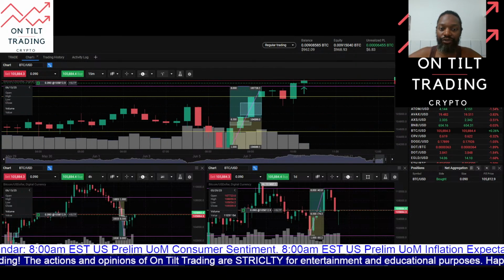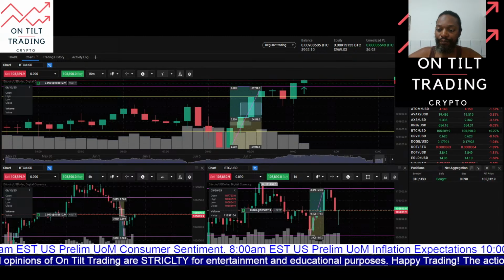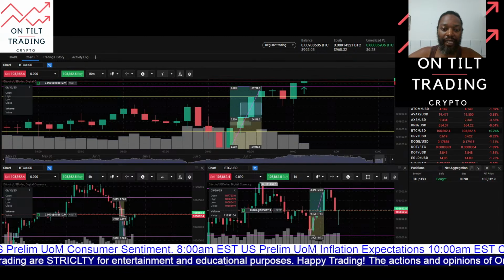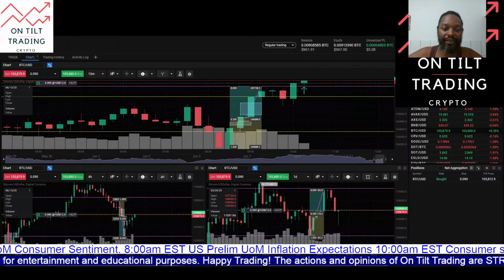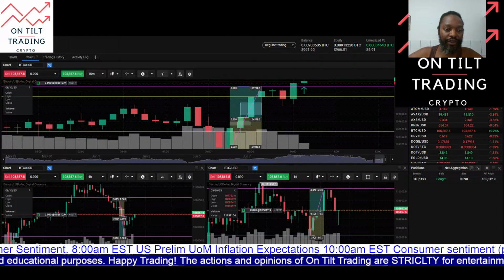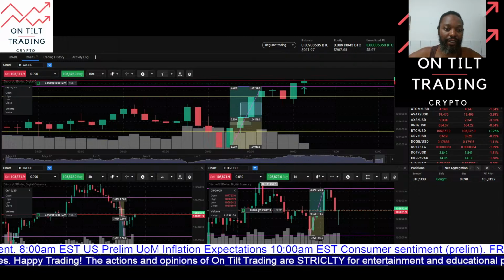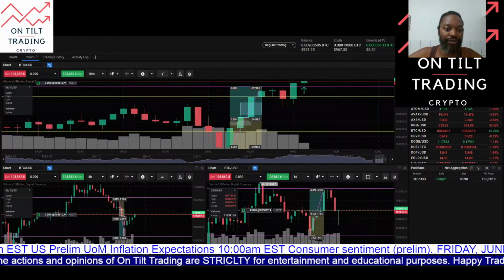So on the entry here, what I'm seeing with this price action is the range being set. Earlier today, there was a market structure shift.